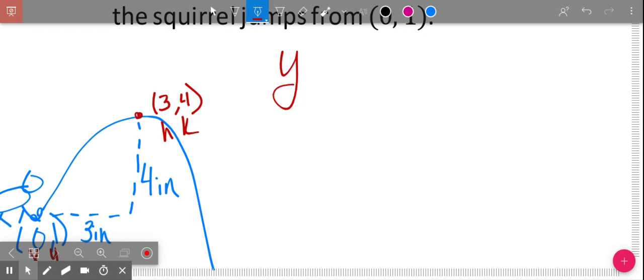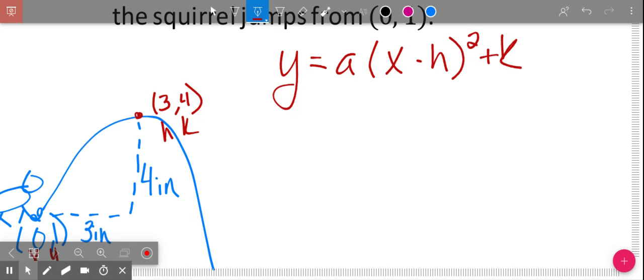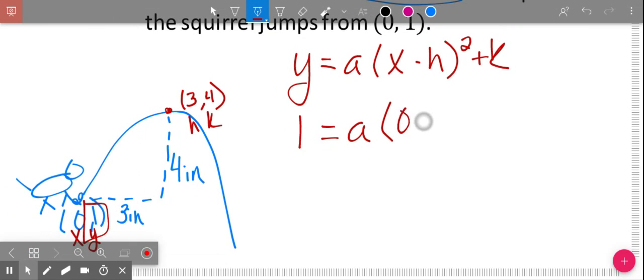So y is equal to a, x minus h squared plus k. So we're just practicing both forms because I know sometimes we need a little bit of a reminder. My y we set down here was 1 equals my a value I don't know yet. My x was 0 minus my h, which was 3, squared, plus my k, which is a 4.